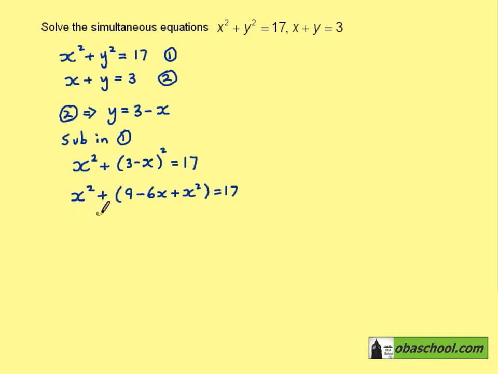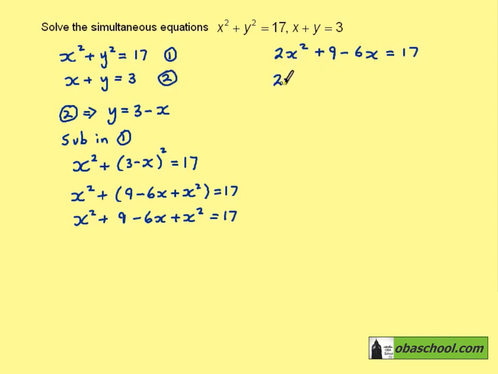Expanding out the bracket, we have x squared plus 9 take away 6x plus x squared is equal to 17. We can now tidy. x squared plus x squared gives 2x squared. We then have plus 9 take away 6x is equal to 17.